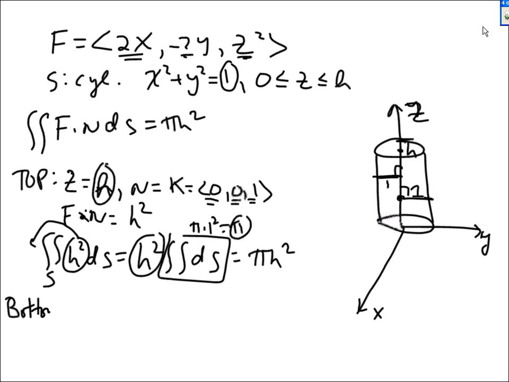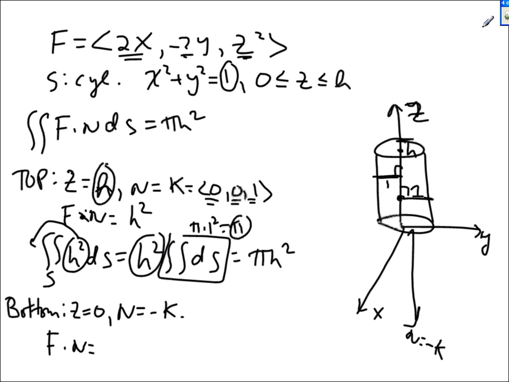Let's do the bottom while we're at it. The bottom, z is 0, and n is coming straight down. So n is negative k. Now f dot n will be, well, n is 0, 0, negative 1.